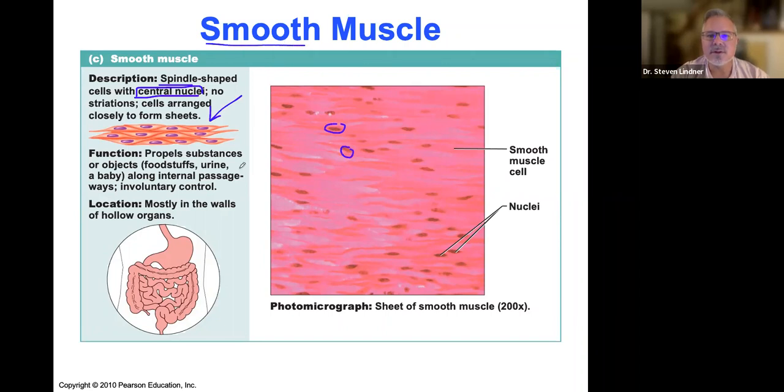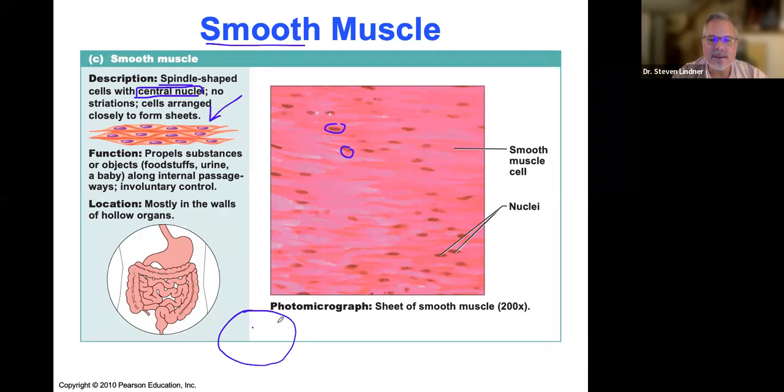Smooth muscle is sometimes referred to as visceral muscle. It is found where our organs are located. We'll find it not just around organs like the uterus, which is smooth muscle. It contracts involuntarily, but also in blood vessels.